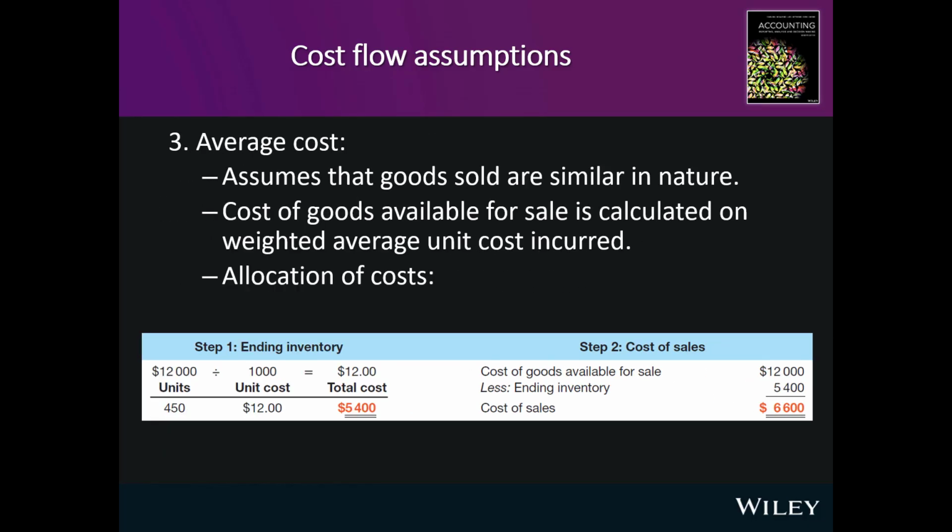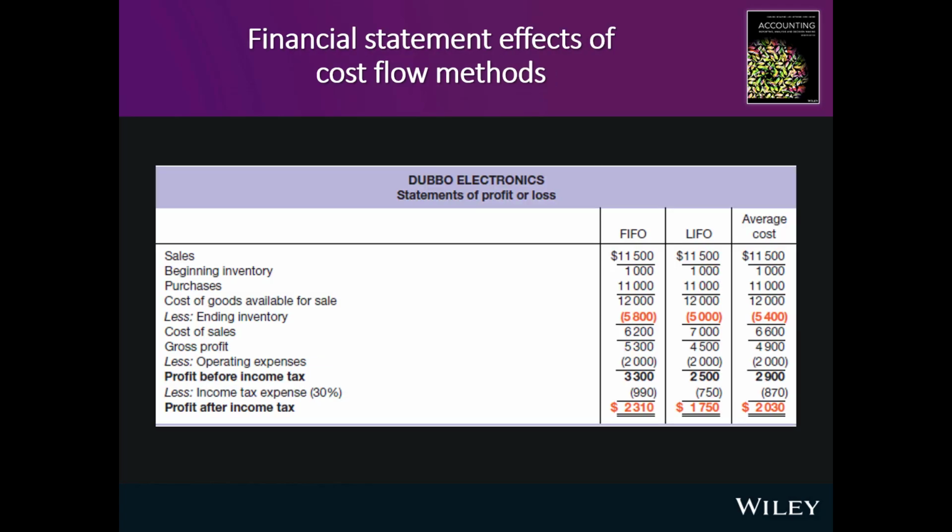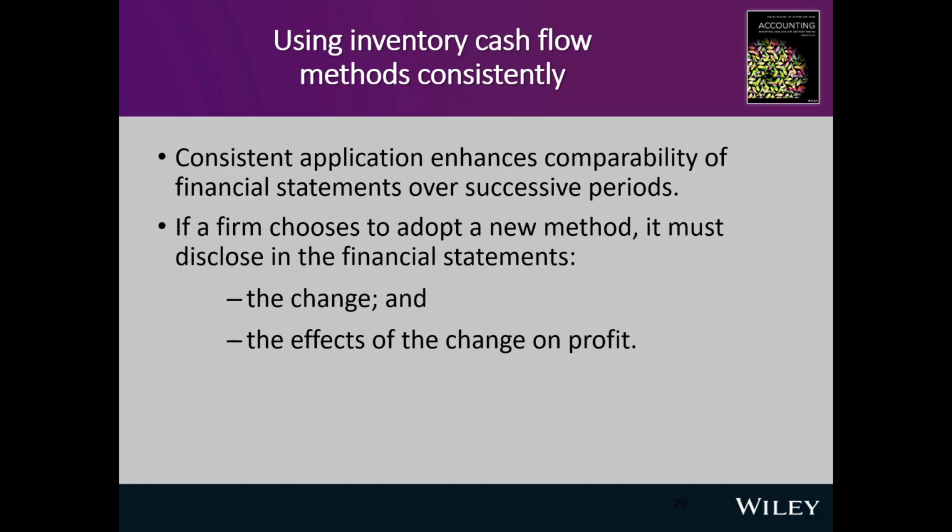So average cost, as you can see, I've shown it to you here. Cost of sales is 6,600. Is it correct there? All right.